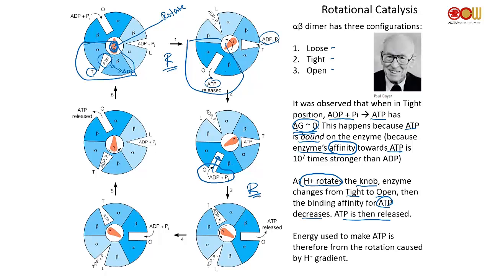Now ADP and Pi is in the loose state, so it captures the ADP and Pi. And then when you rotate again, it becomes the tight conformation. Does that make sense?